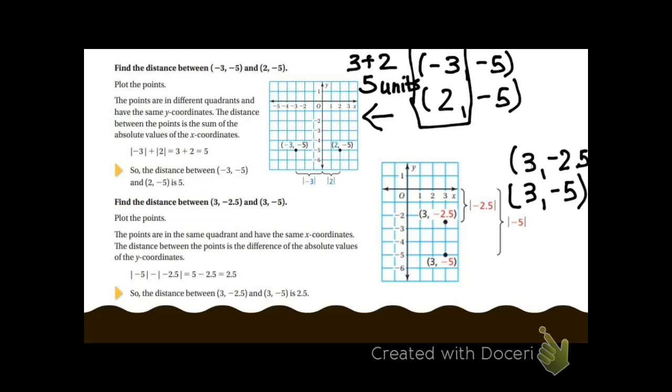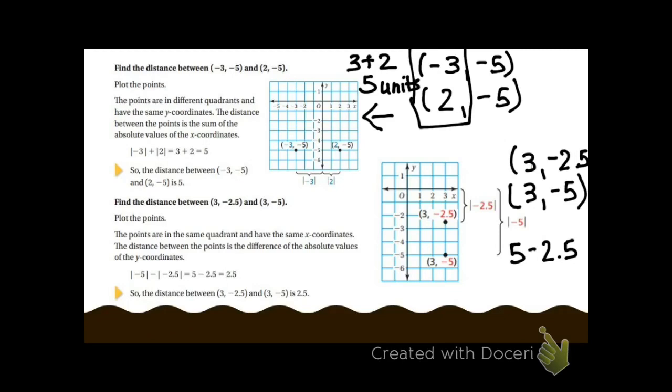Well, when you have them both negative, they're in the same quadrant, all I do is I subtract to find the difference of the absolute values. So what's the absolute value of -5? It's 5. What's the absolute value of -2.5? It is 2.5. So now I'm going to take 5 minus 2.5.